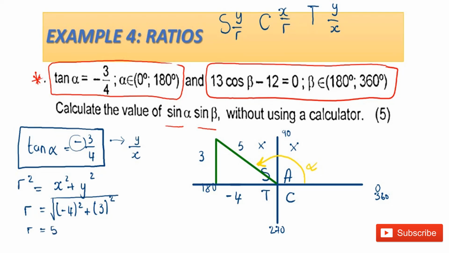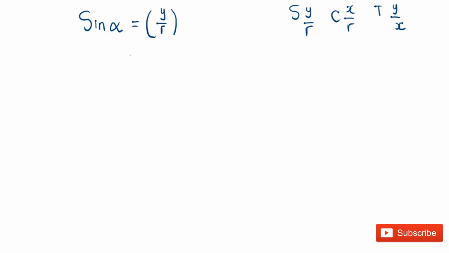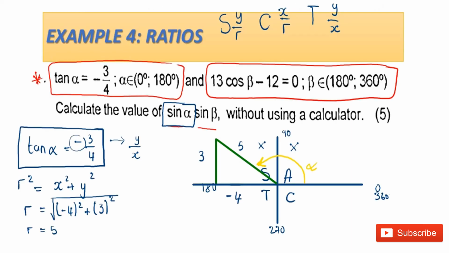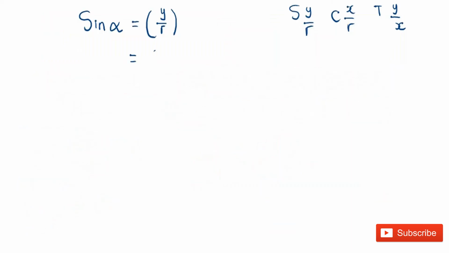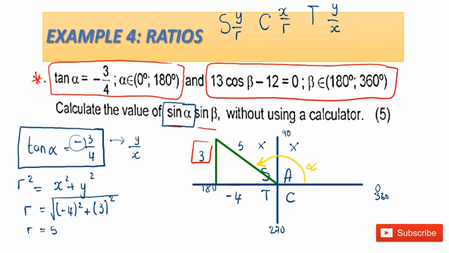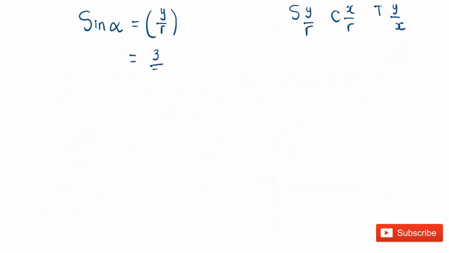Now we are able to find what the sine of alpha is, right? So sine of alpha is y over r, SOH CAH TOA. So for your alpha angle, what was your y? Your y is 3. And what was your r? Your r is 5.